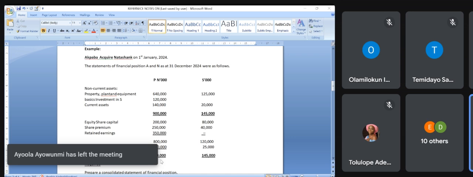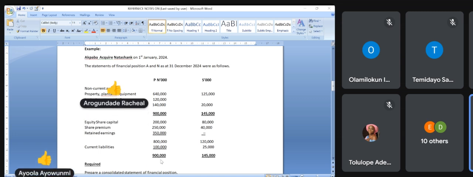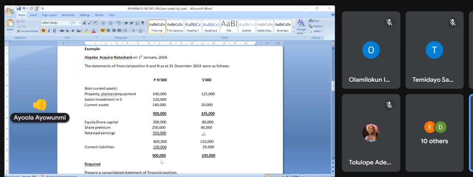Do you remember I said so? Are we still together? Thank you. Eliminate anything that has to do with investment. So now we have removed it. That's how to eliminate that. It is to say ignore it.